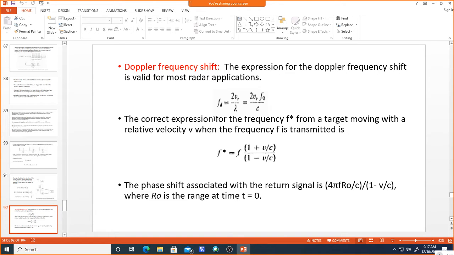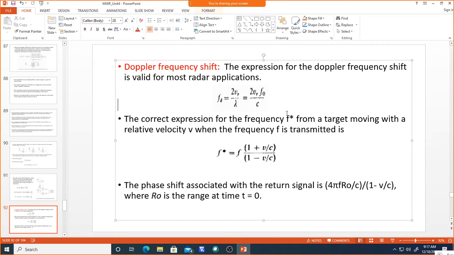Now, in order to get the correct value of the frequency with respect to the target's relative velocity, whether it is moving away or moving near to the receiver, we can express that in terms of the relative velocity, given by this expression.